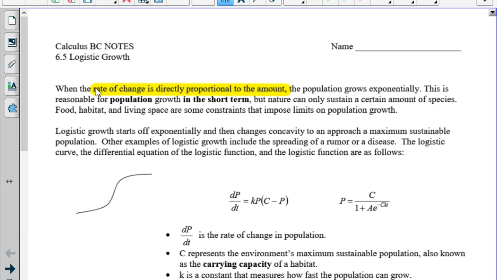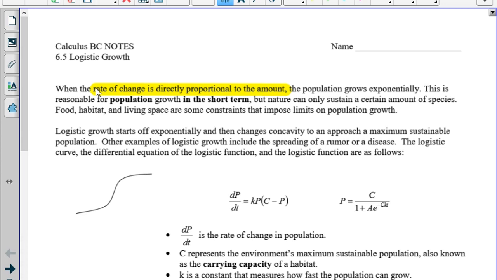So the rate of change of the temperature of a cup of coffee was proportional to the difference between the temperature that it was and the surrounding temperature. So in situations like that, the population or the amount, whatever that thing is, would grow or decay in an exponential way.